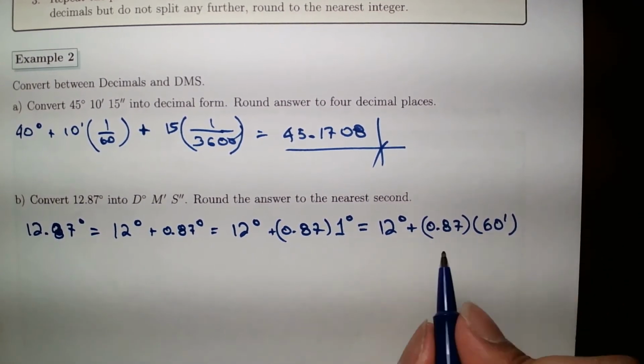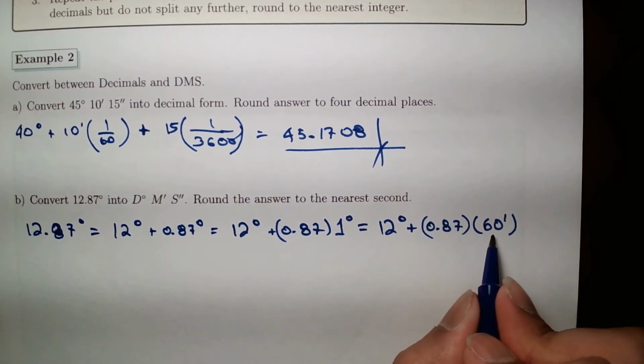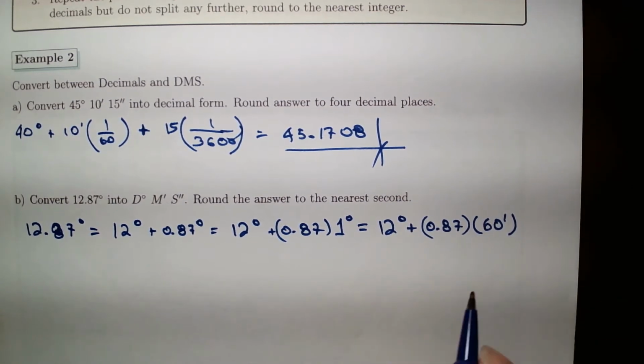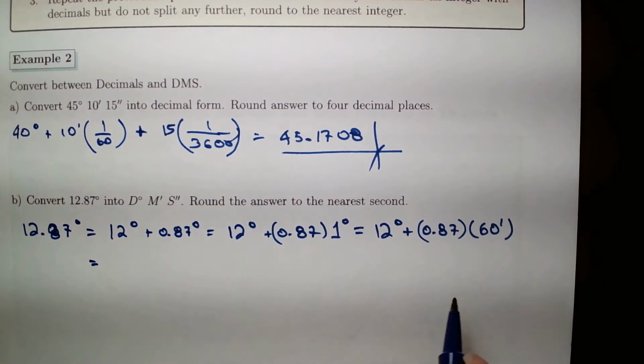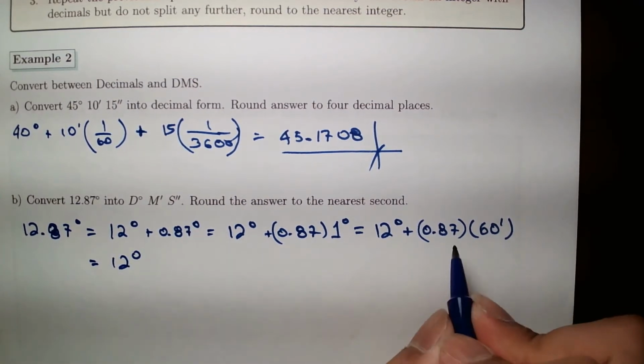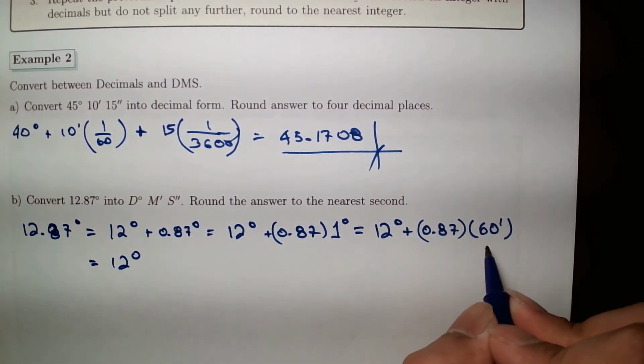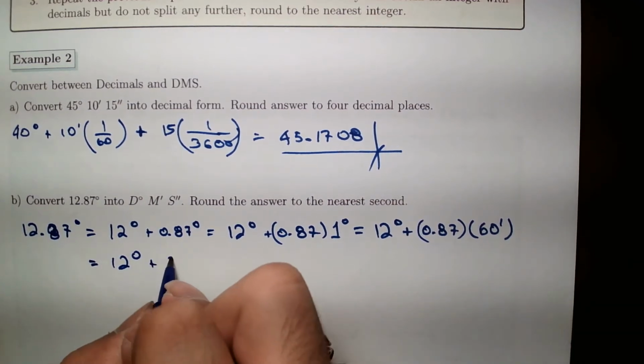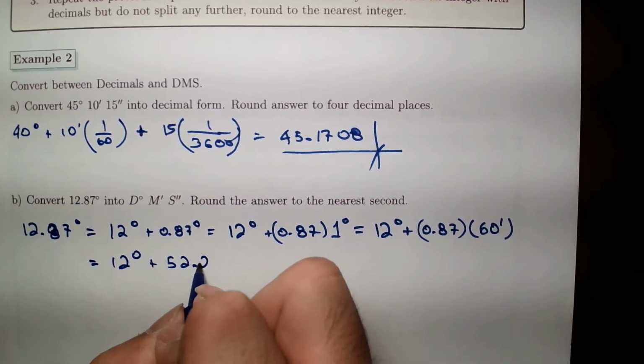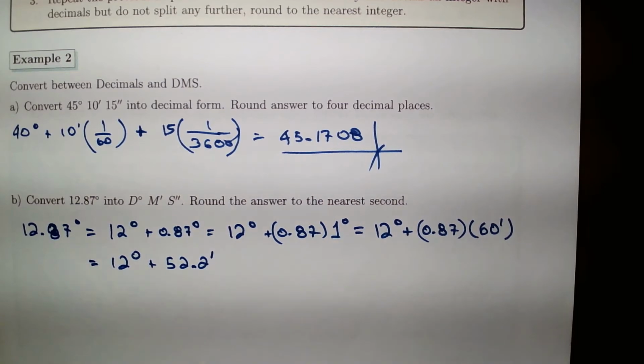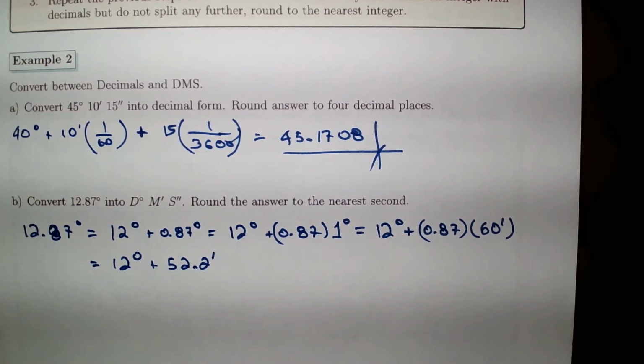So I'm going to multiply 0.87 times 60. That's going to give me 52.2, and in this case, minutes. All right, so we got the minutes now.